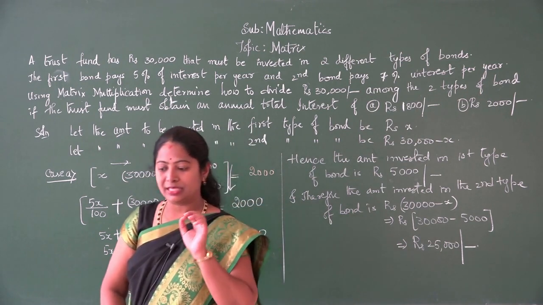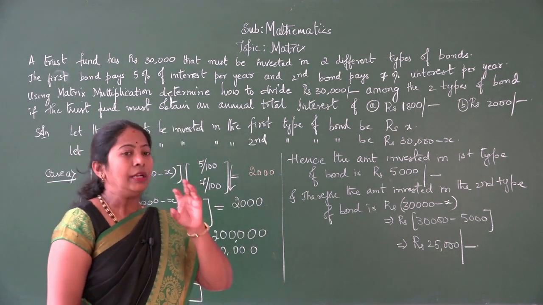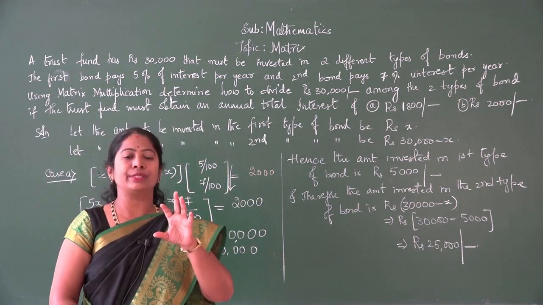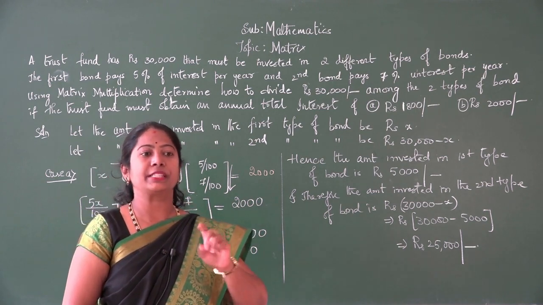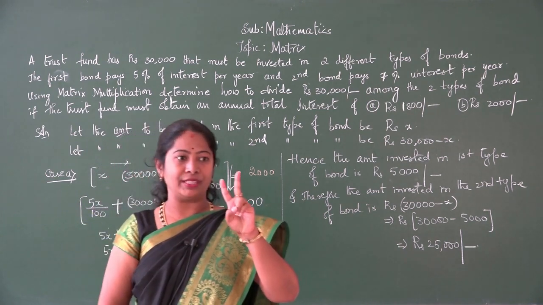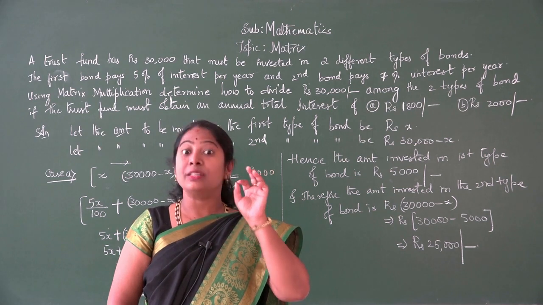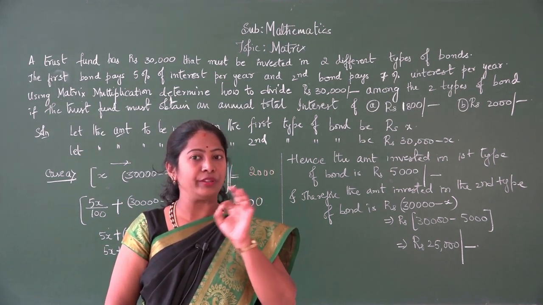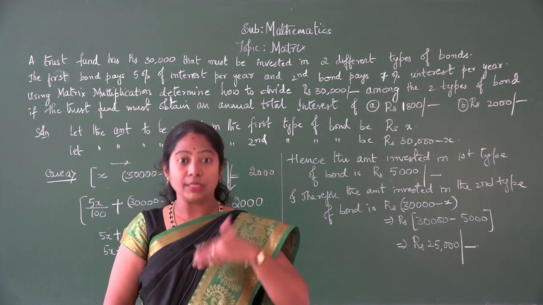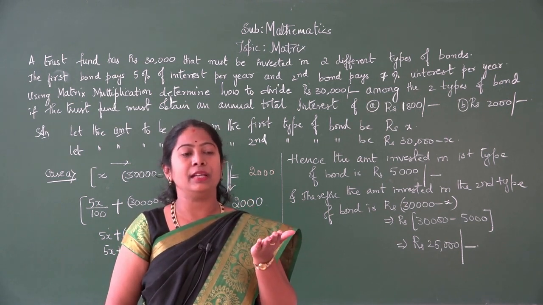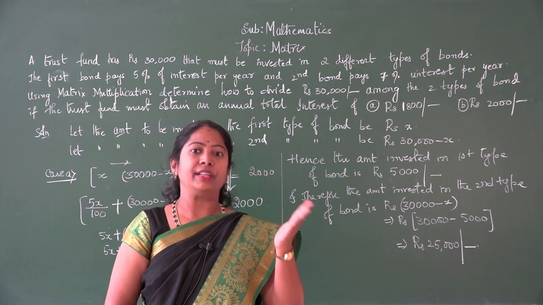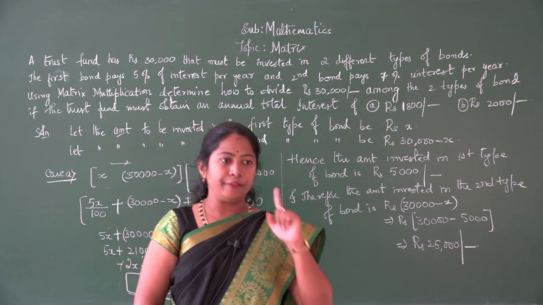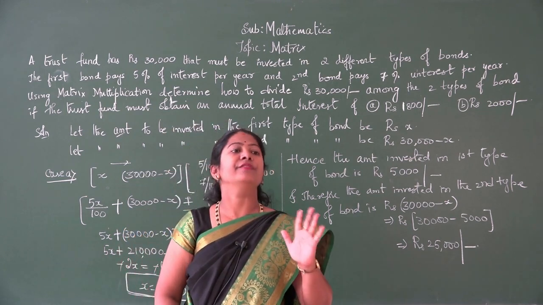Once again, I shall just summarize the given problem. Total amount is 30,000. That has to be invested in two different types of bonds. The question does not specify what is the amount that has to be invested in the two different types of bonds. We are supposed to find the investment that has to be done in the two different types of bonds. The first bond pays an interest of 5%.